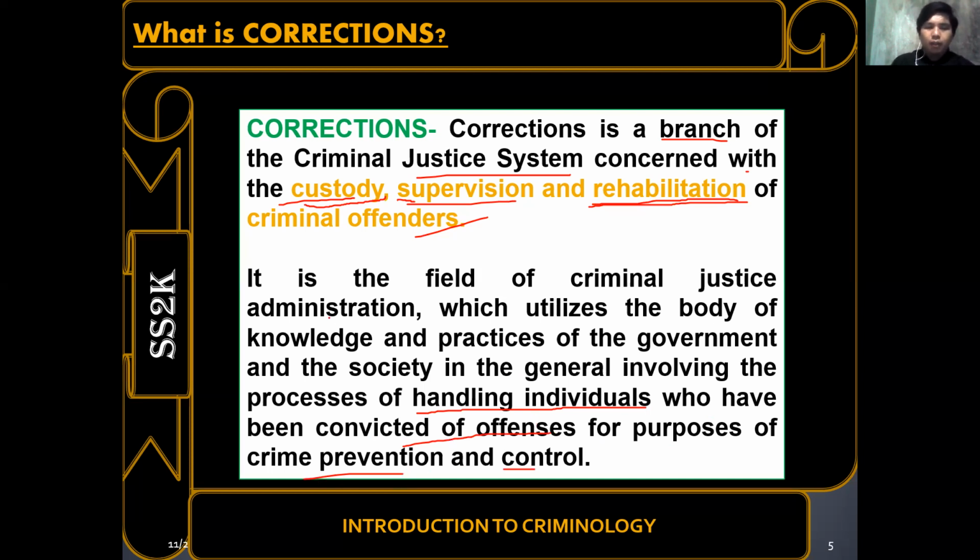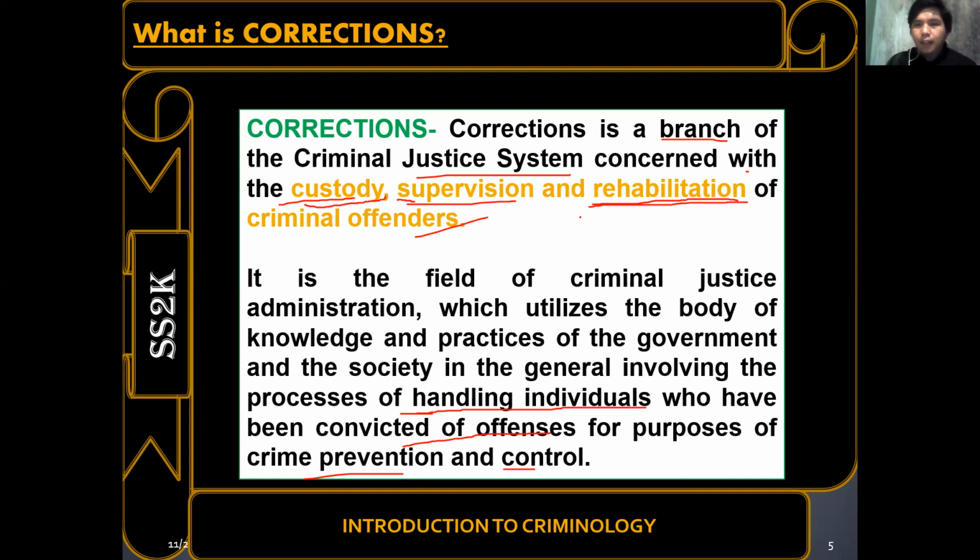Okay, so kasama dito kung paano hinahandle ng ating government yung isang taong nahatulan na ng korte. Okay? So ano ba yung dalawang pamamaraan ng pag-handle ng ating gobyerno doon po sa mga taong nahatulan ng pagkakasala dahil po sa paglabag sa batas?